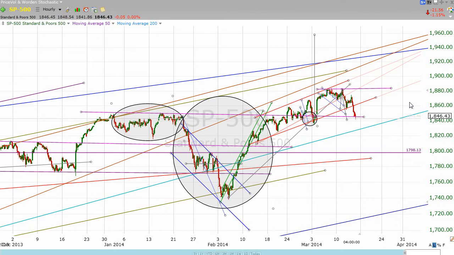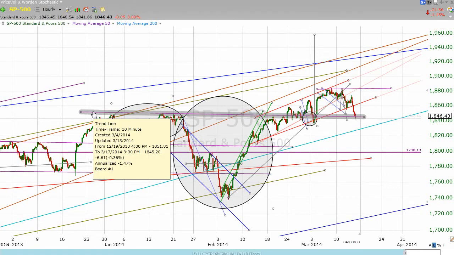Interesting day. I got killed today, by the way. I've got some biotechs that got beat up pretty big today, and I suffered from that. But let's take a look and first really closely establish this neckline.